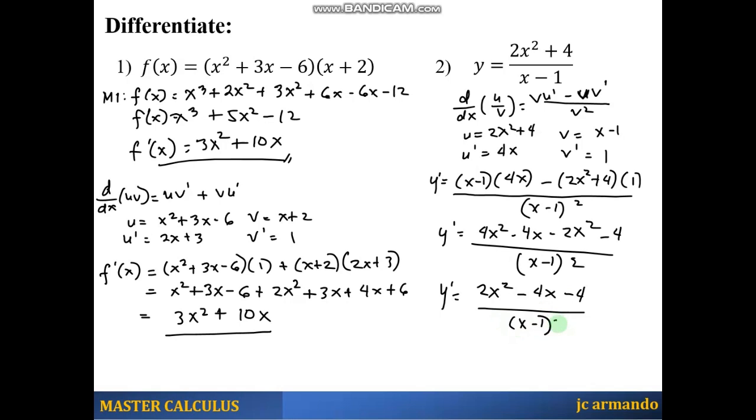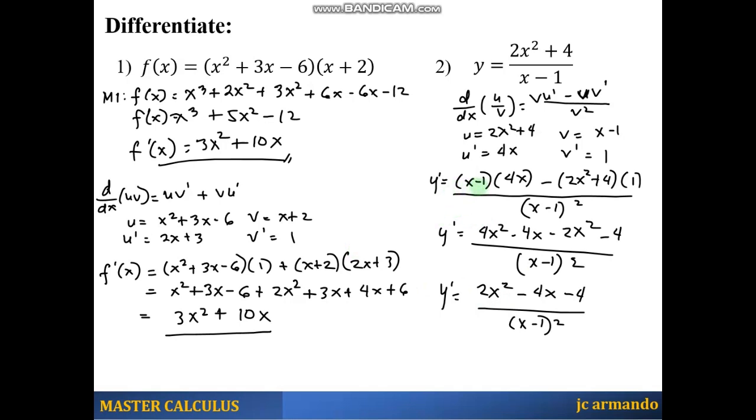So y prime equals 4x squared minus 2x squared is equal to 2x squared, then negative 4x minus 4 over x minus 1 squared. So no need to simplify this by dividing by 2 because it is incorrect, because this is not an equation, this is a function. We check again to make sure that we arrive at the right answer.